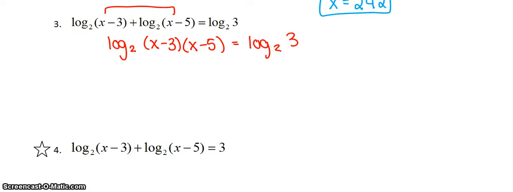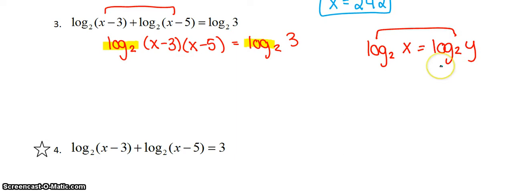Okay, so thinking about this actual problem, these are both log base 2. So if you think about this, if I have log base 2 of x equals log base 2 of y, in order for these to be equal, all that would have to happen is that x equals y. If the arguments are the same and you take the log of them, then it's going to be an equivalent equation.